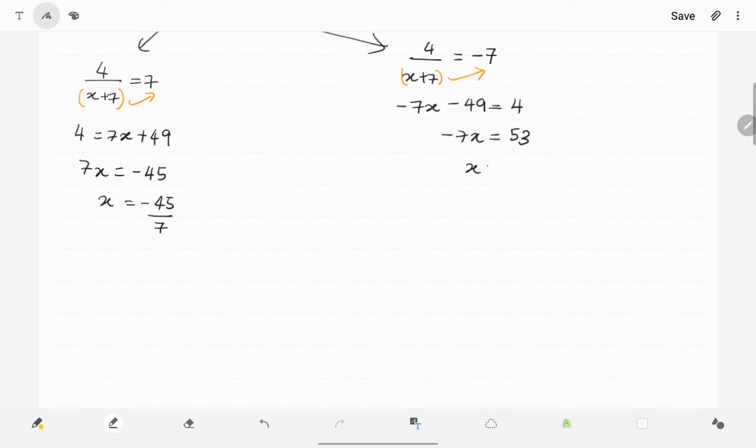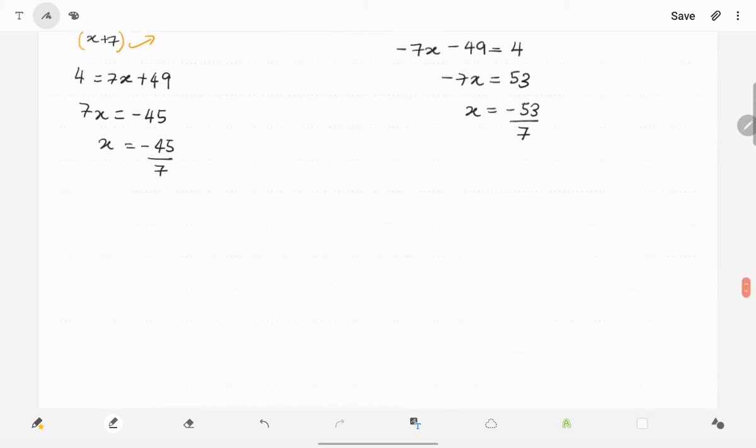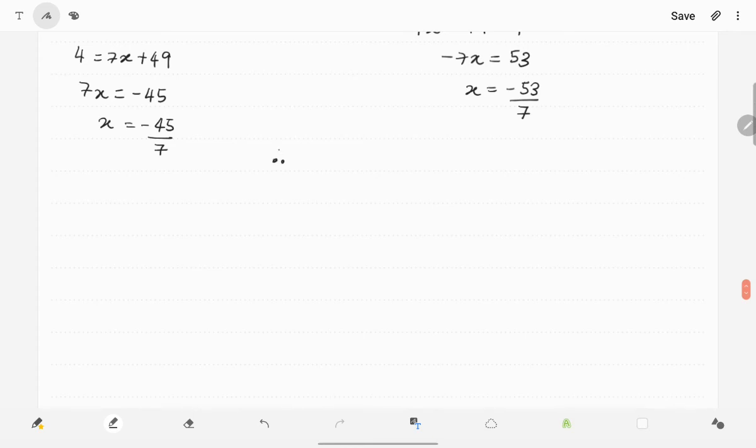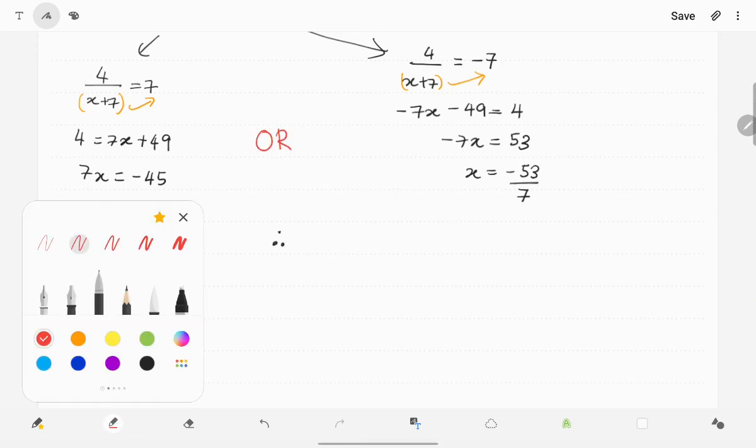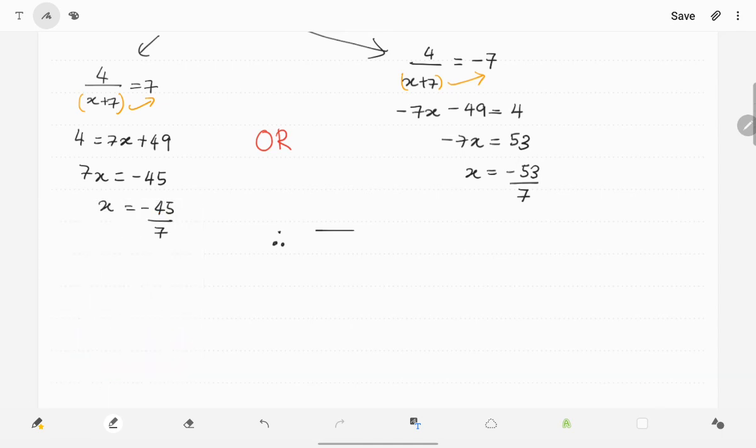So x would be negative 53 over 7. So our final answer would be, okay, I always forgot to put "or" here. Okay, so our final answer would be x equals to negative 45 over 7, or negative 53 over 7.